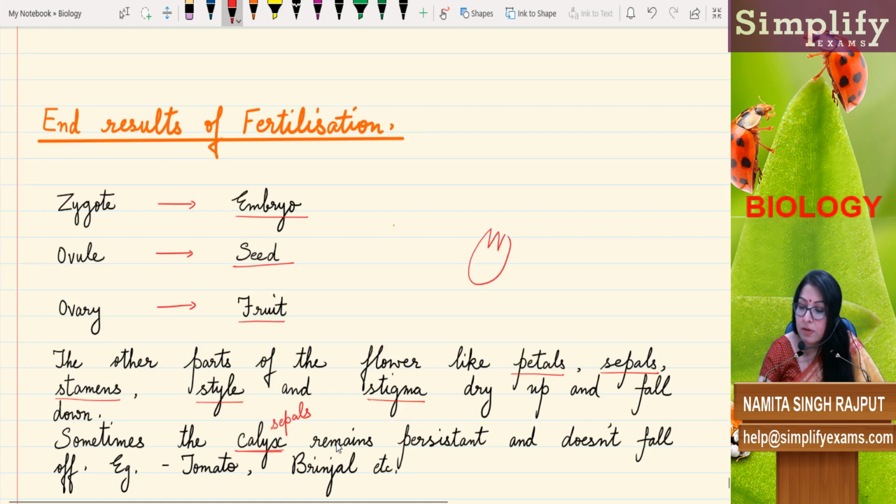It has these three structures. So this is the calyx, the persistent calyx, which remains on the top of the brinjal. In tomato also you can see that top, or in some other plants also. That is known as persistent calyx. Otherwise every other part, the petals, sepals, stamen and style, all shrivel up and fall down. They are useless to the flower.